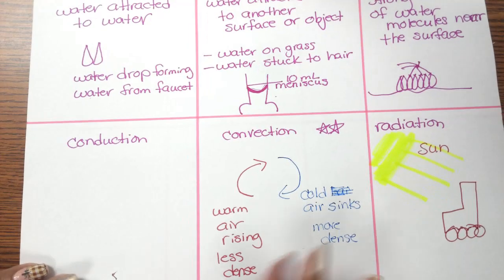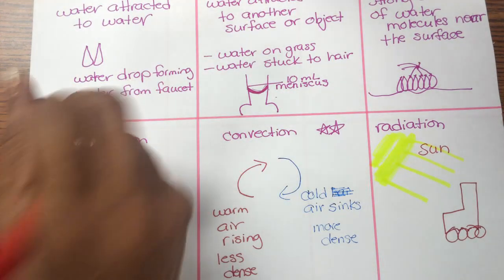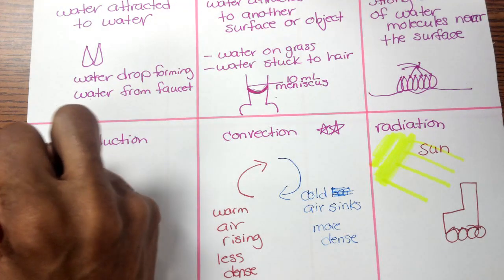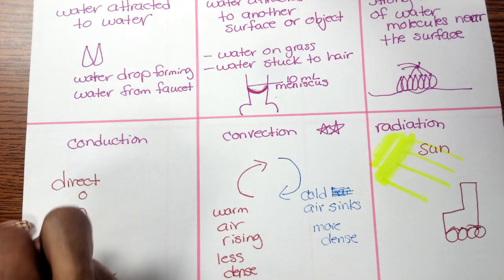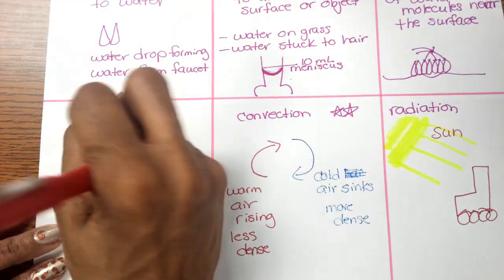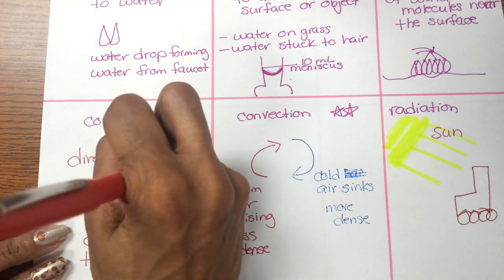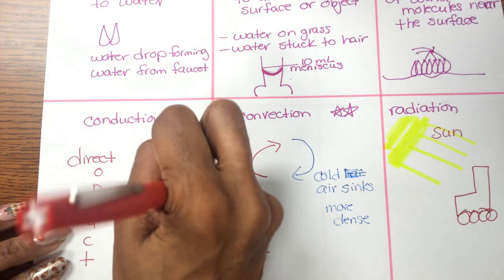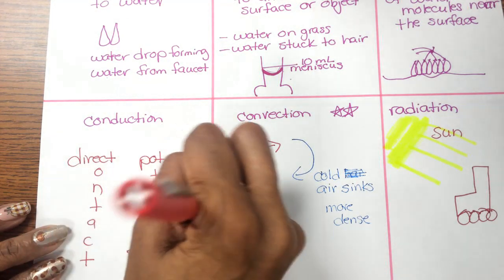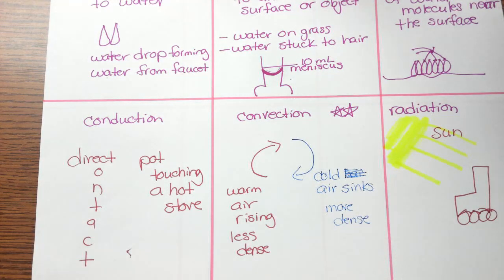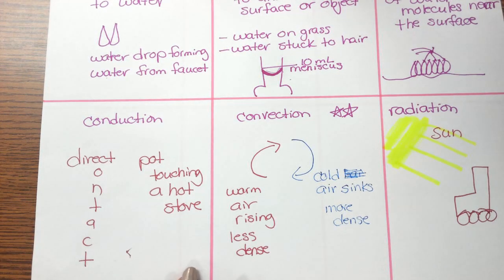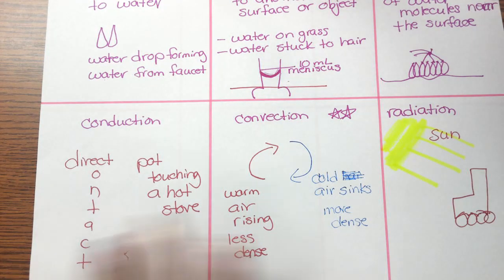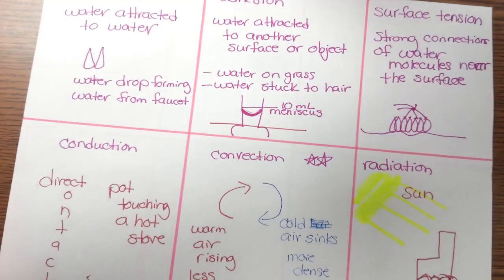Okay, and then conduction is heat or energy transfer through direct contact. Okay, and we're just gonna say pot touching a hot stove. So the bottom of that pot is touching the heat source. Okay? All right. So this is the first part you want to break down.